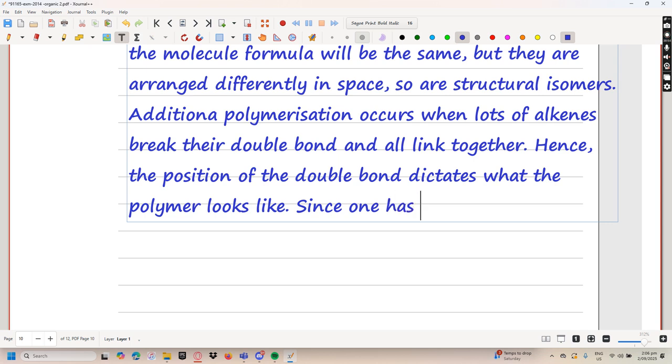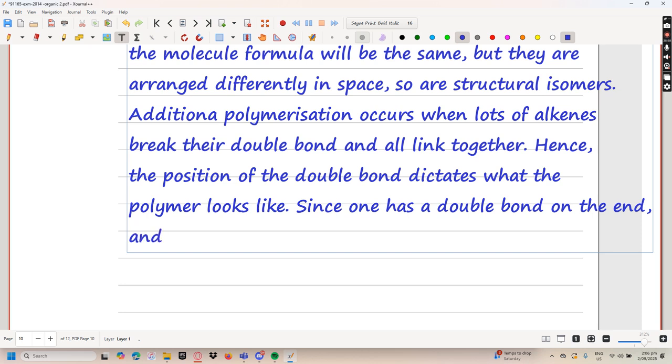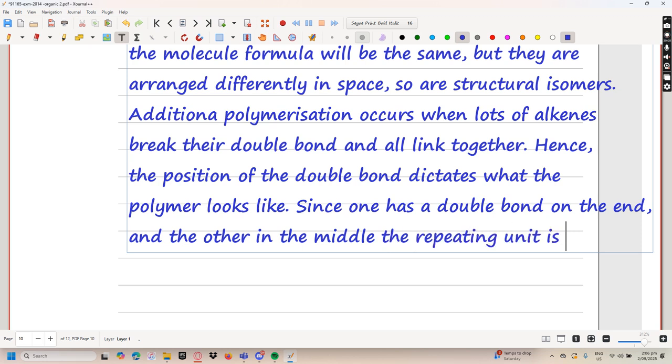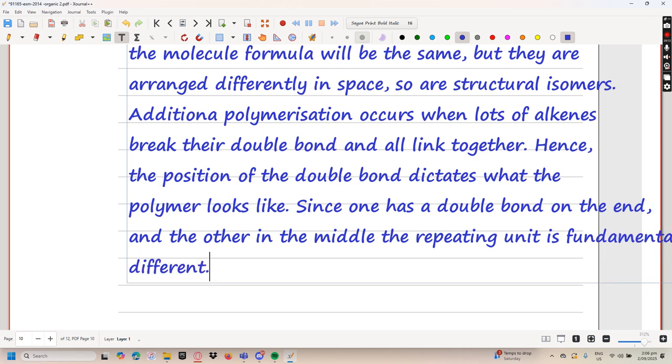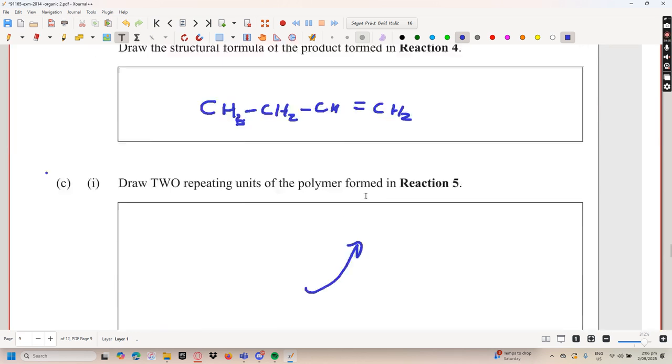Since one has a double bond on the end and the other in the middle, the repeating unit is fundamentally different, for the same reason I just outlined before.